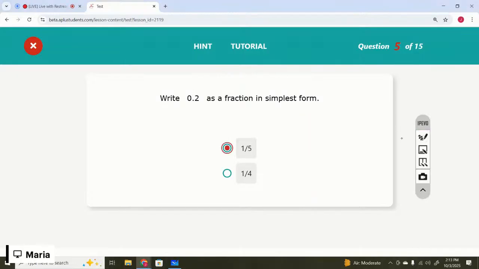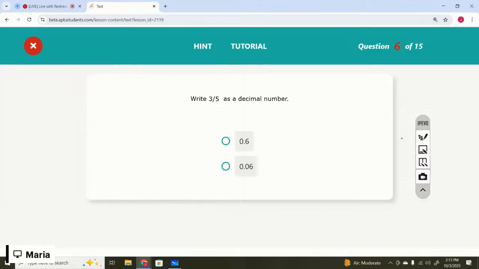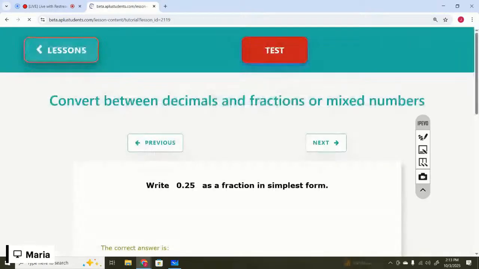The correct option is 1 by 5. Option number 1 is the correct option. You can complete the lesson by yourself later today. Let me just move on to the next lesson.